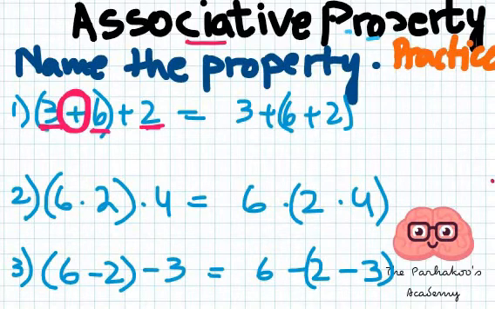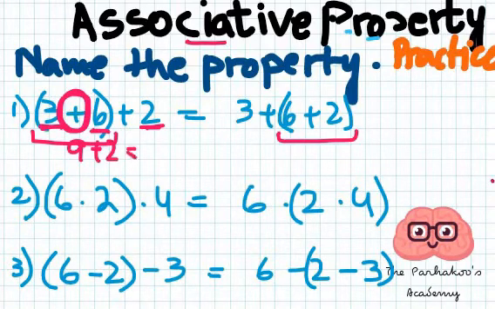The second observation is that there are three elements, and you can see that there is a grouping, and grouping is shown by parentheses. You can also verify it by doing the addition on both sides. 6 plus 3 is 9, 9 plus 2 is 11.